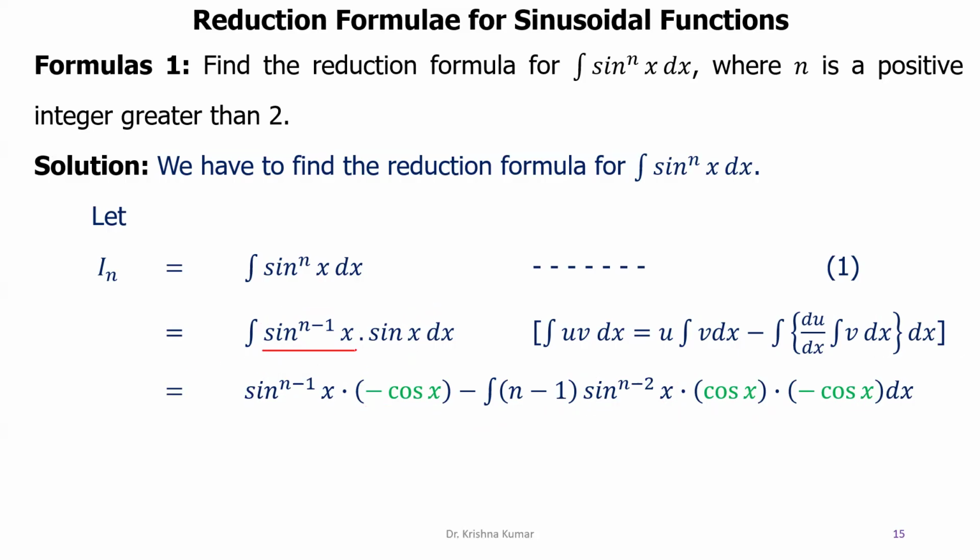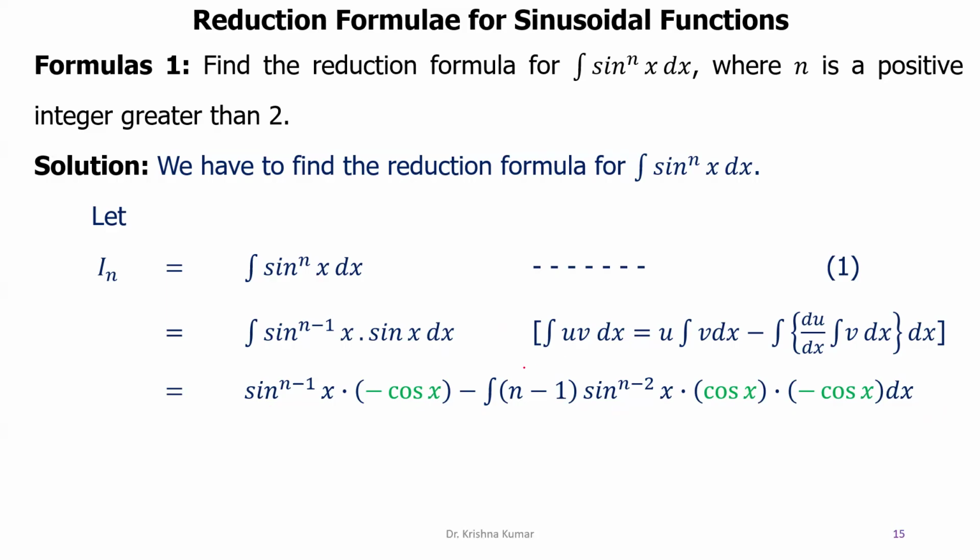So first function, integration of sine x is minus cos x, minus derivative of the first function. The derivative of sine to the power n minus 1 x is n minus 1 into sine to the power n minus 2 x, again the derivative of sine x is cos x, into integration of v, meaning integration of sine x, which is minus cos x dx.